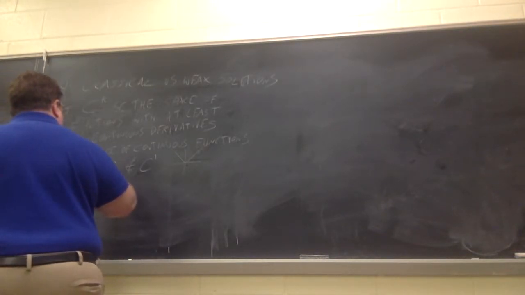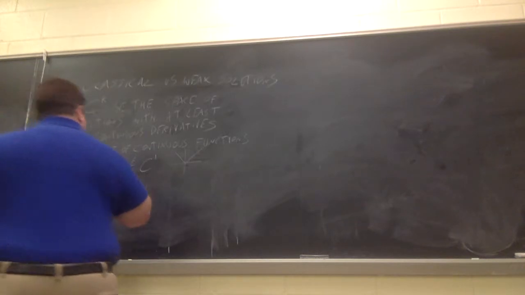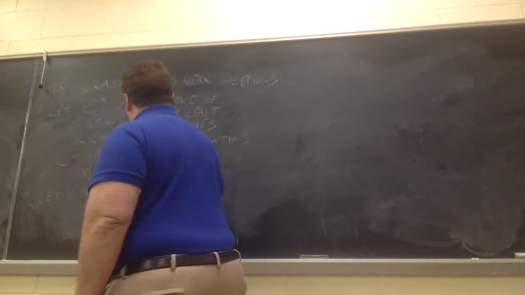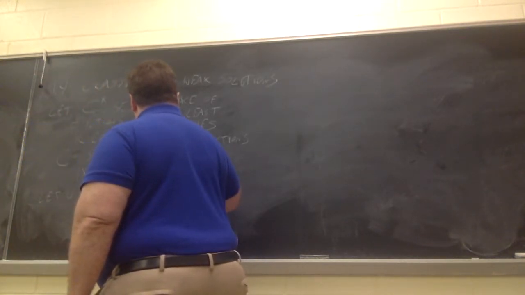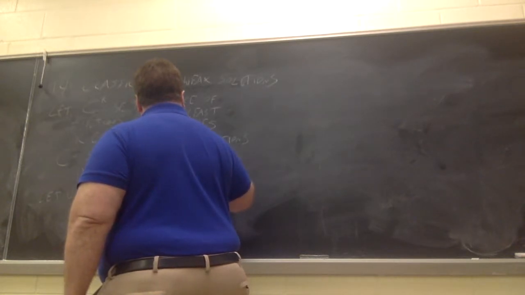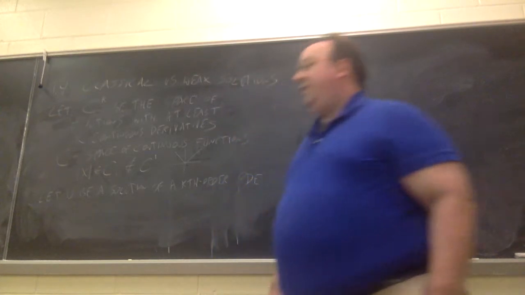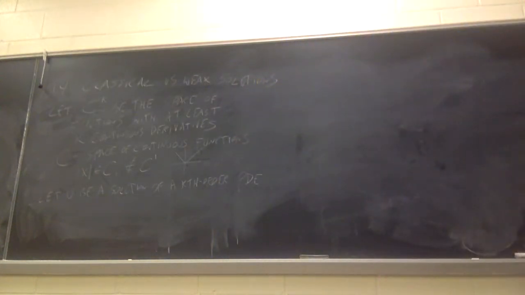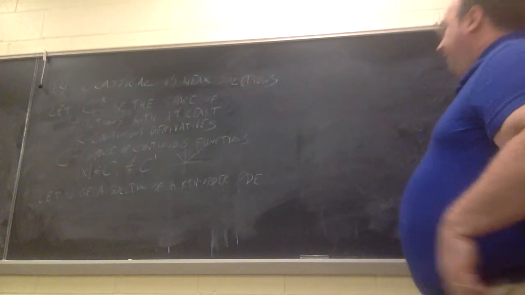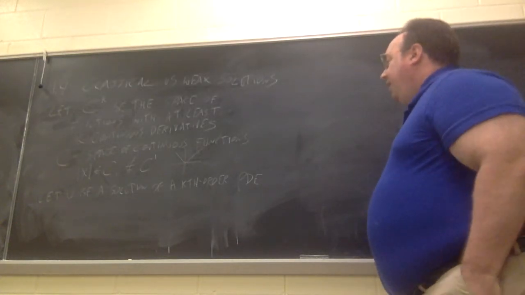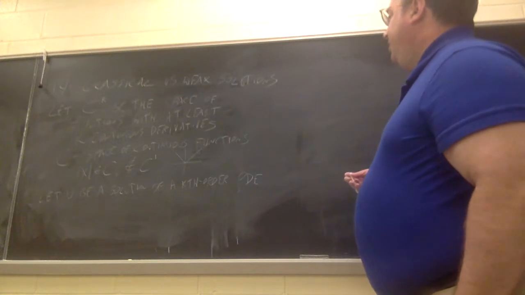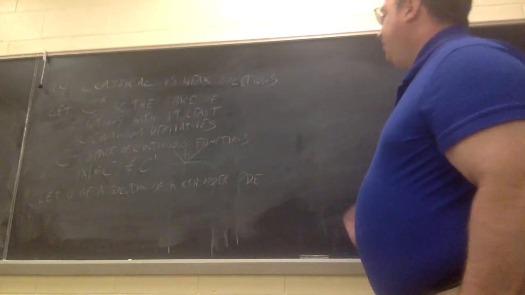So, we're supposed to have a function u as a solution of a kth order PDE. So in other words, the highest order derivative anywhere in the PDE is order k. So how do we know if this solution is classical or weak?